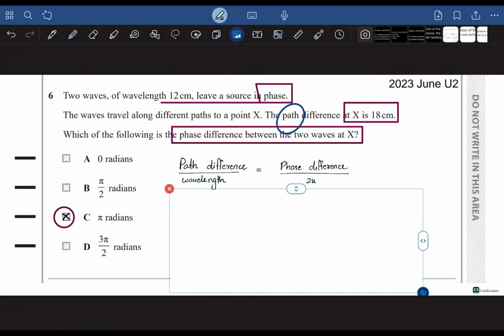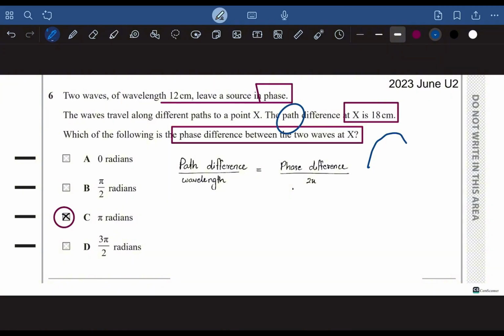Because 2 pi means 360 degrees. Let's talk about one wave. This one wave contains either 2 pi as phase difference, or a lambda as path difference. So we can talk about it like this.